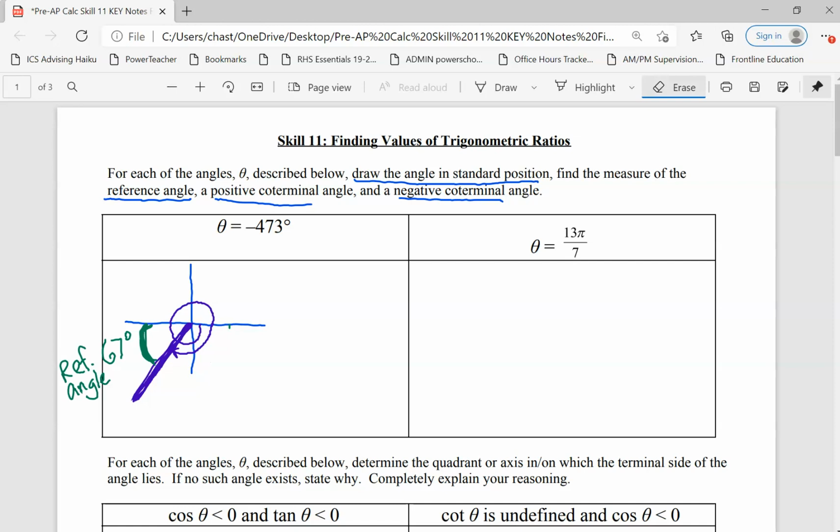Now we are asked to find a positive and a negative coterminal angle. Let's do the negative one first. I'm going to take negative 473. Normally I would subtract 360, but since I know that negative 473, even when I add 360, is going to take me to a value that is still negative, that gives me negative 113 degrees.